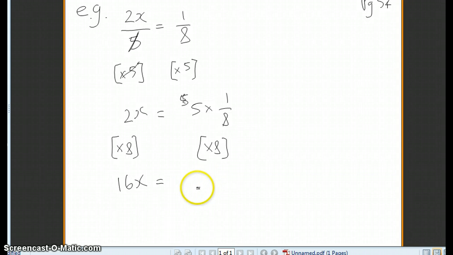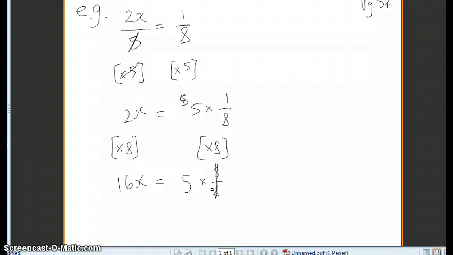And then on the right hand side, what happens? The 8 cancels and I'm left with 5. Okay, because what happened over here was 8, I multiplied it by 8, so the 8's are gone. 8 divided by 8 is 1, 5 times 1 is 5.